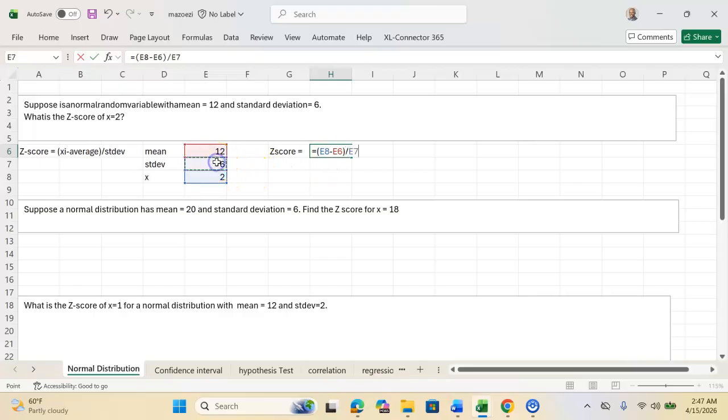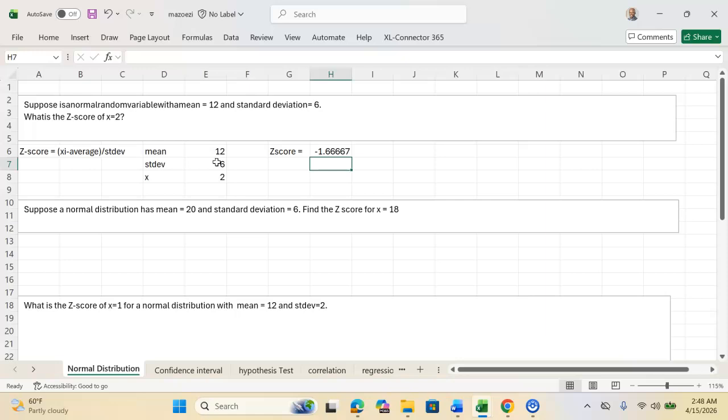Just click on the standard deviation and enter. So we know that the z-score when x is 2 is minus 1.67.